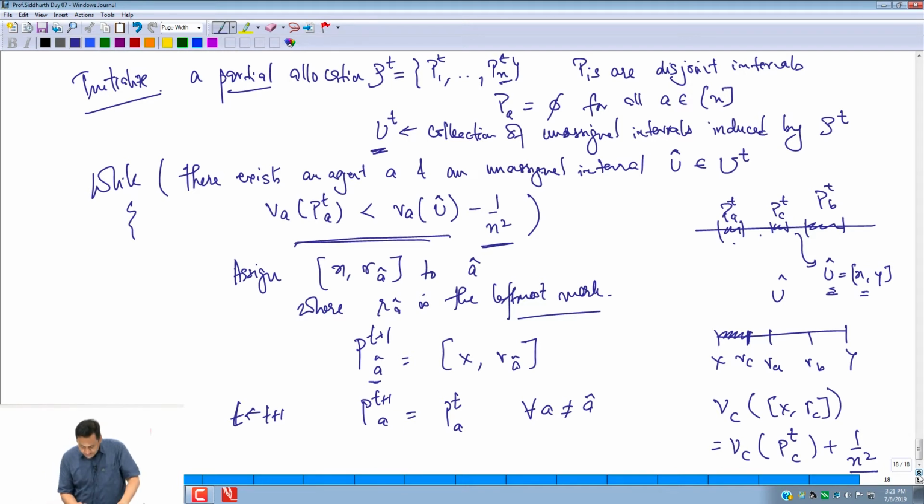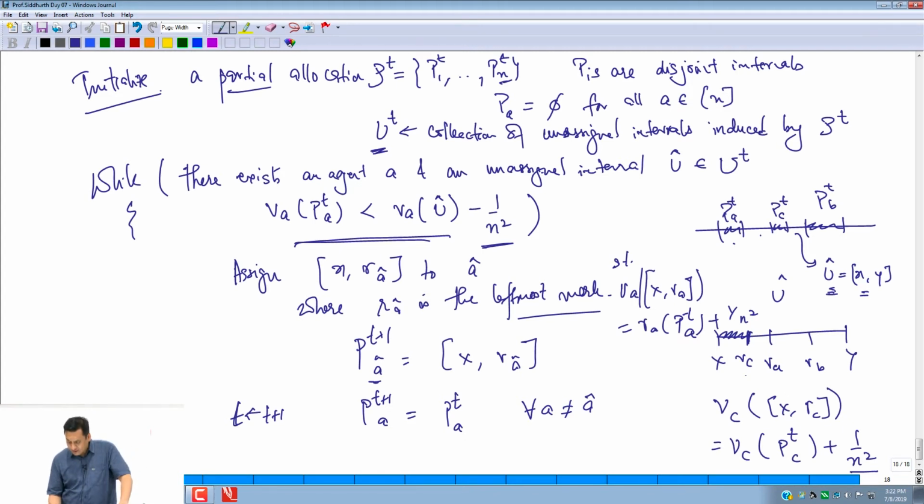So it's the leftmost mark such that, you're doing this for every agent, right?